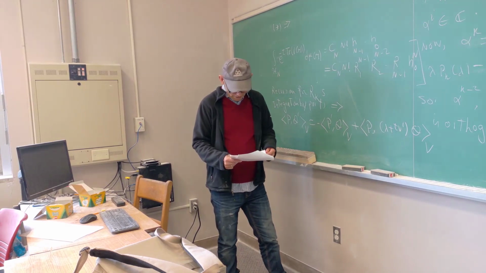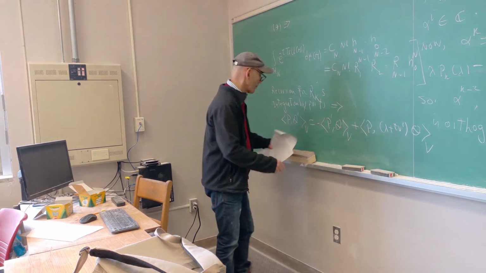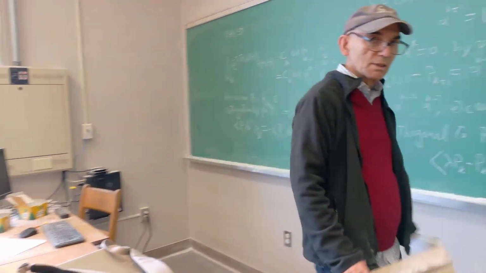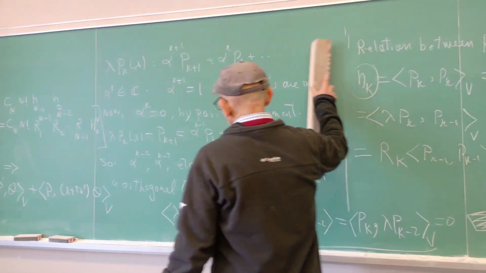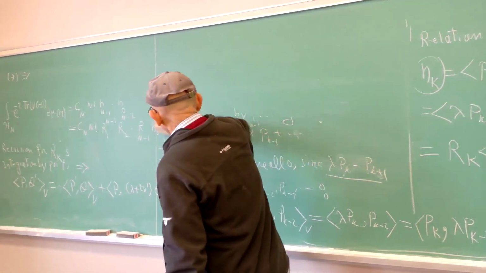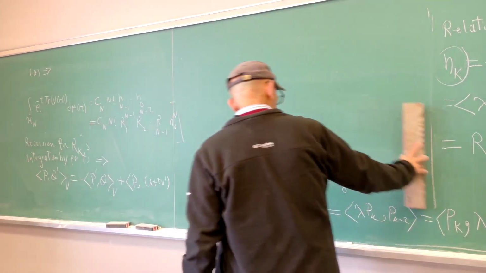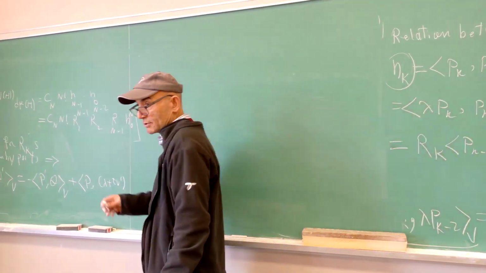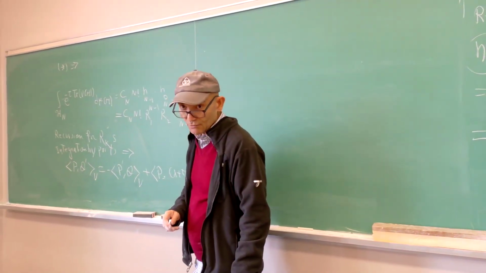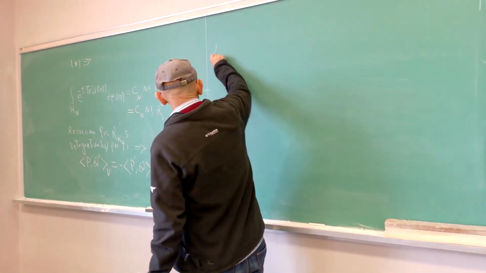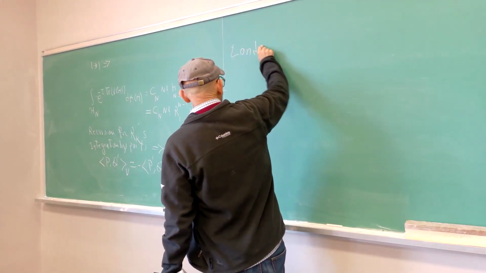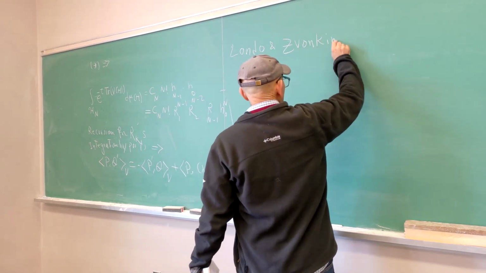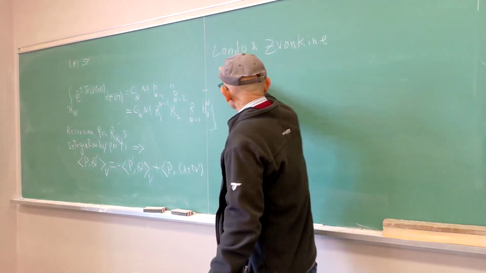Okay, but I won't repeat it because I will give you the reference to read this. There's a very good reference. This equation appears in many sources, but a good reference is the book I mentioned at the beginning, Lando and Zvonkin, Graphs on Surfaces.